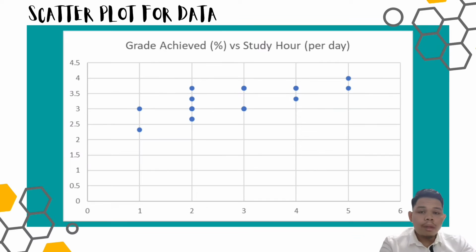Okay, for the last one, the scatter plot for the data. We got the data from the survey of UTHM students. In the graph we have grade achievement versus student study hours per day. We can see the highest is 5 hours of study and they get a 4 pointer, and the lowest is only 1 hour of study and they get a 2.33 pointer.